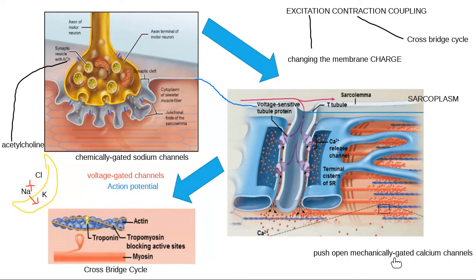So my mechanically gated calcium channels are found on the sarcoplasmic reticulum. My voltage sensitive pushing proteins, if you will, are found on the T tubule. But when they press on the calcium channels, the calcium just goes into the sarcoplasm. It's not going to leave into that T tubule. It's just going to go into the sarcoplasm.